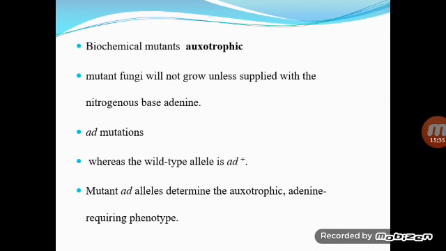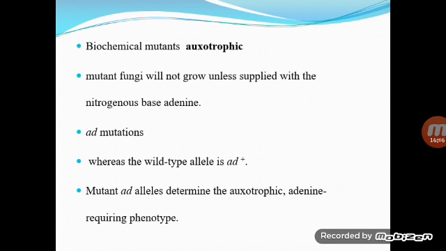So biochemical mutants are often auxotrophic. Auxotrophics are not the wild type, but these are the mutant type of the microorganisms. Auxotrophs must be supplied certain additional nutrients if they are to grow.